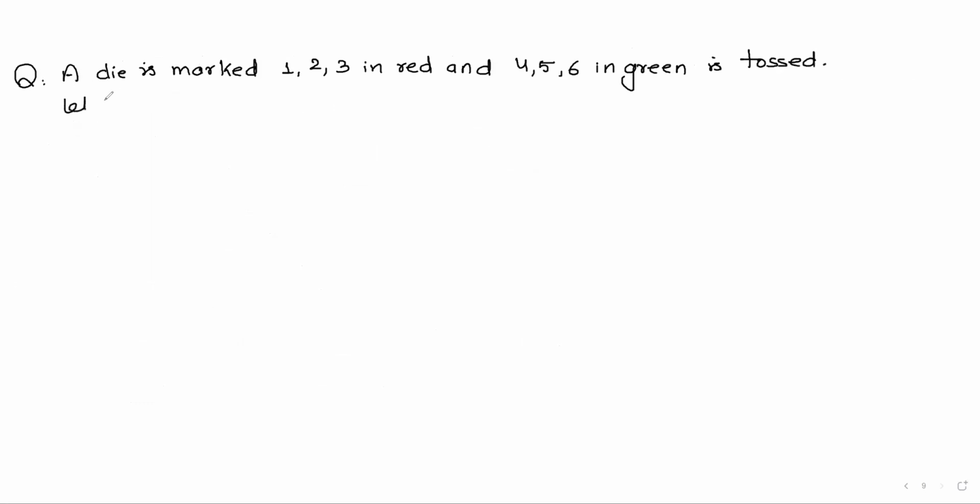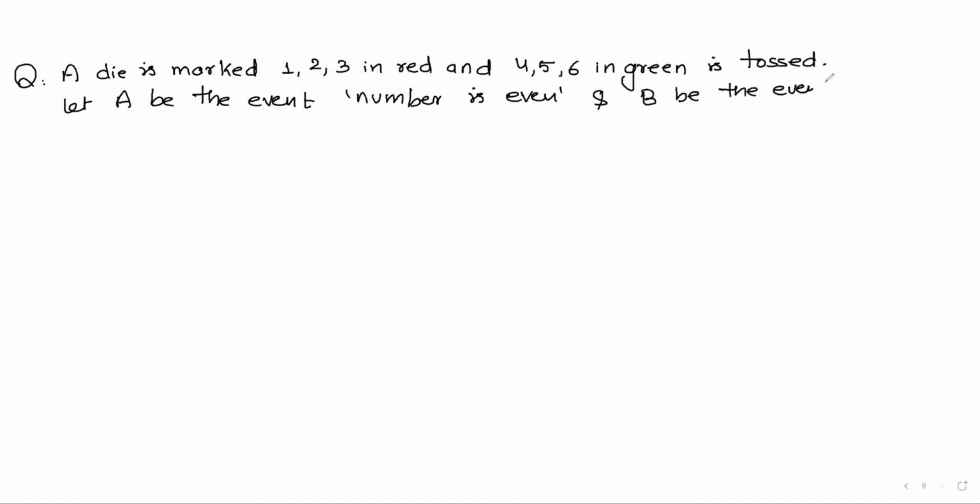Let A be the event that the number is even, and B be the event that the number is red. Are A and B independent?